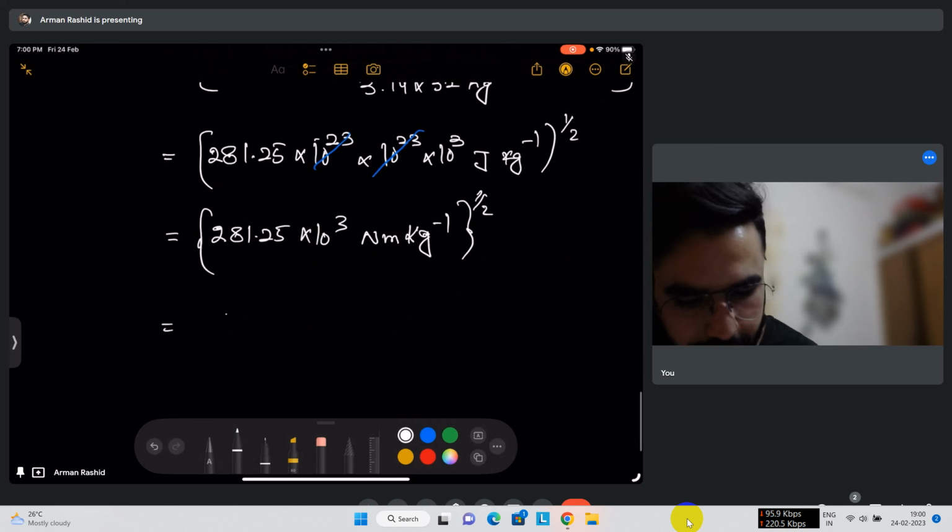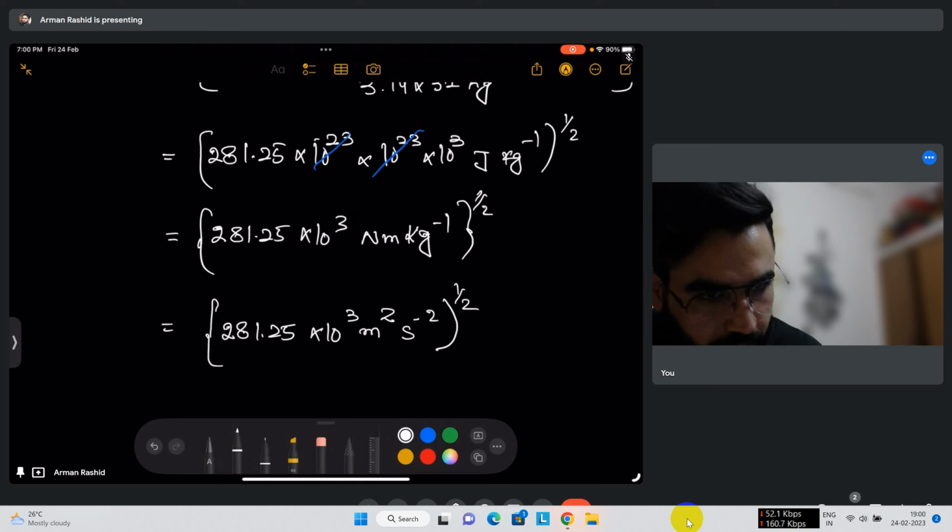Then we'll convert the Newton also; Newton is a unit of force, so it will be kg meter per second squared.